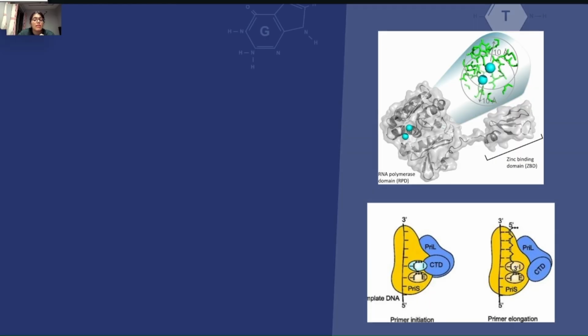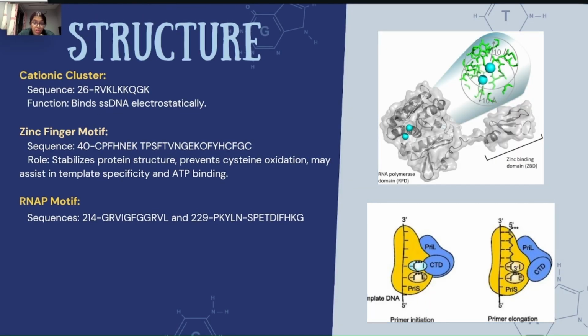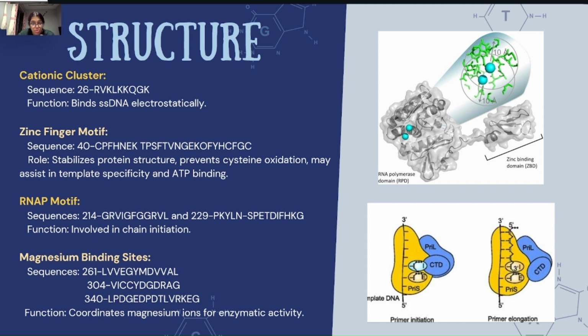Primases have an important structural feature that enables their function. Starting off with a cationic cluster, this cationic cluster is like a magnet that holds onto the single stranded DNA using electrostatic forces, keeping it steady while the primase works.